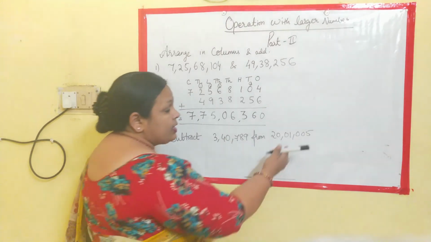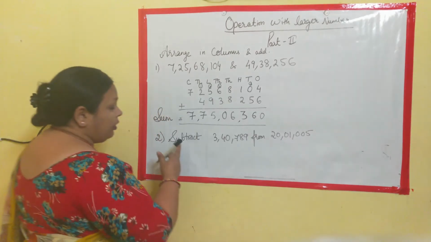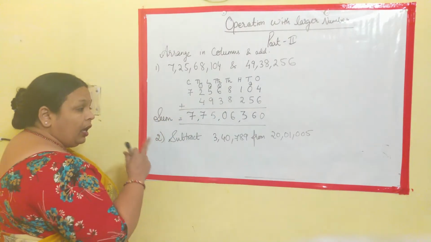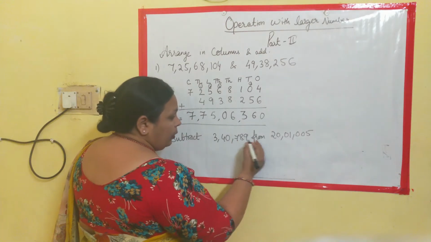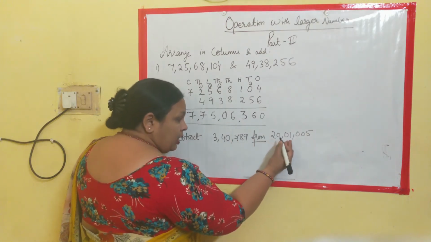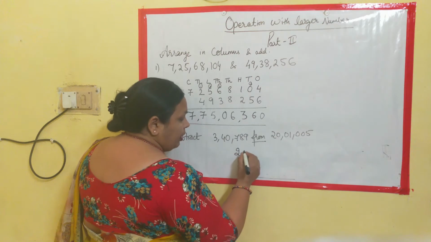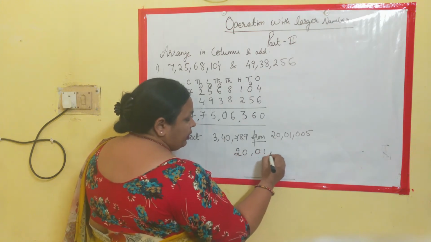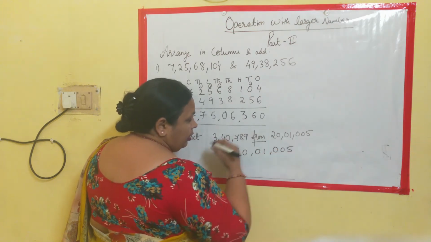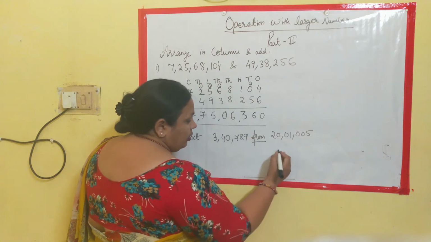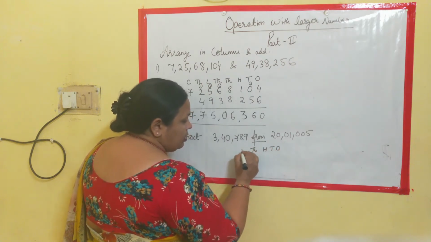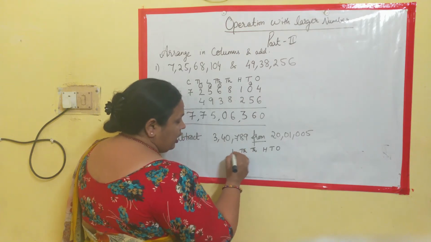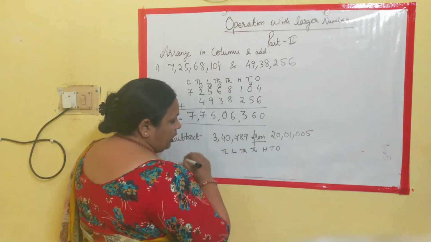So obviously this number is greater and we need to subtract the numbers. Keep in mind that whenever subtract is followed by from, the last number will be the greater number. Yes, the positions are required: ones, 10, 100, 1000, 10,000, lakh and 10 lakh.